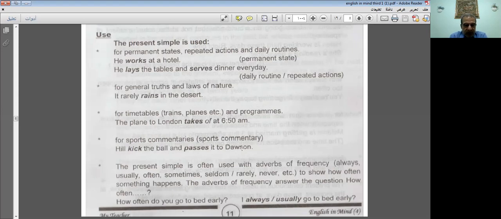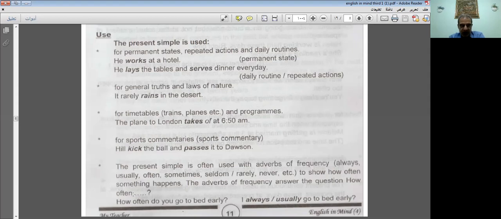If you are a commentator, for example, here we have the present simple, which is often used with the adverbs of frequency, like always, usually, often, sometimes, seldom, and rarely, never for the negative meaning. To show how often something happens, the adverbs of frequency answer the question how often.